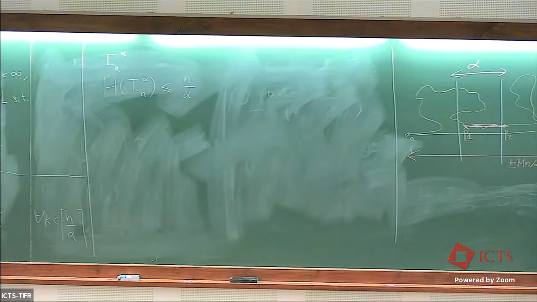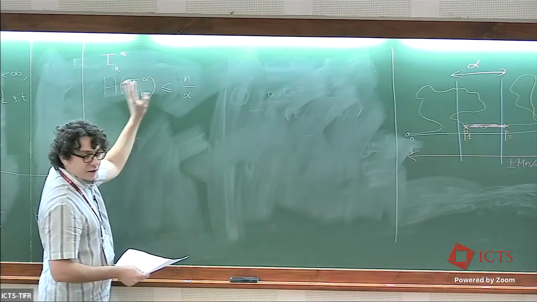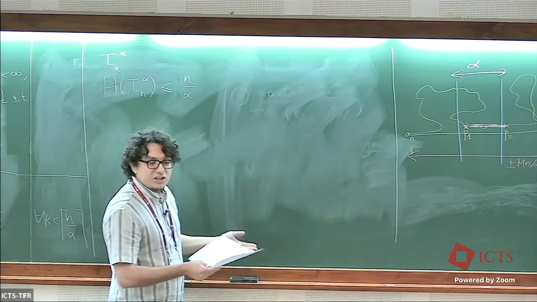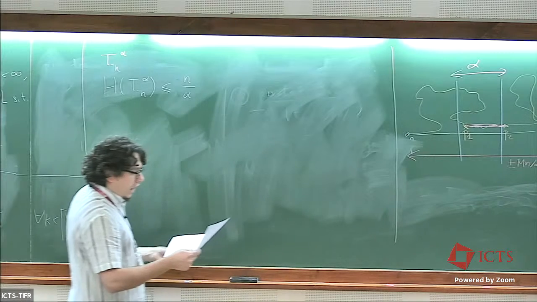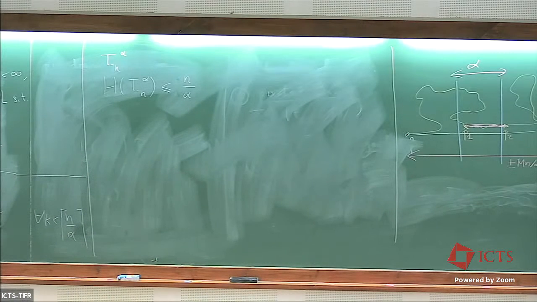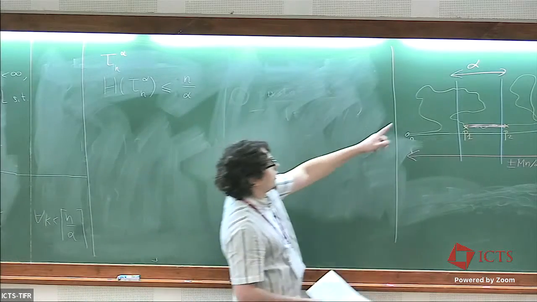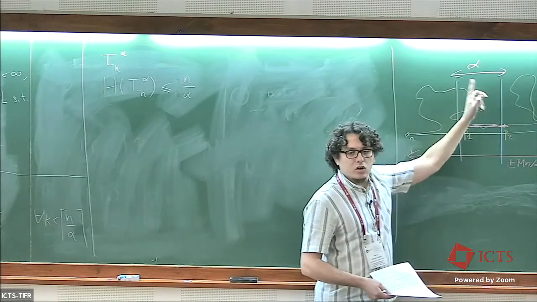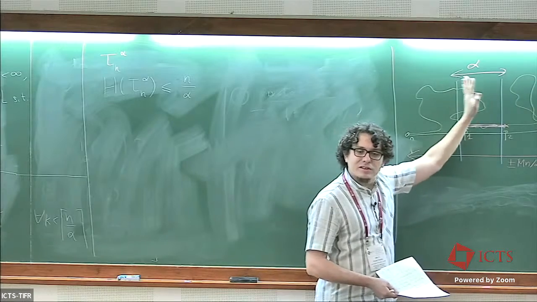If you consider them independent, this will be the maximum entropy that you have. So it's n over alpha random variables. And how big could each random variable be? Well, each pivotal time has alpha plus 1 choices. It's a number between 0 or -1 and alpha.